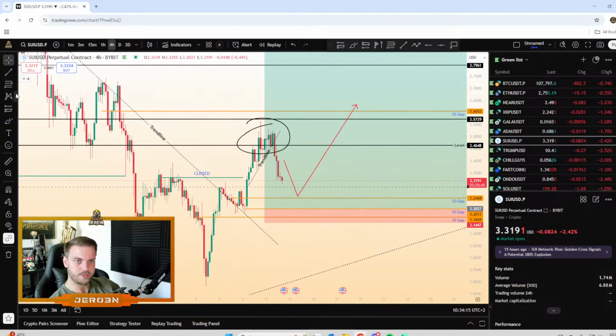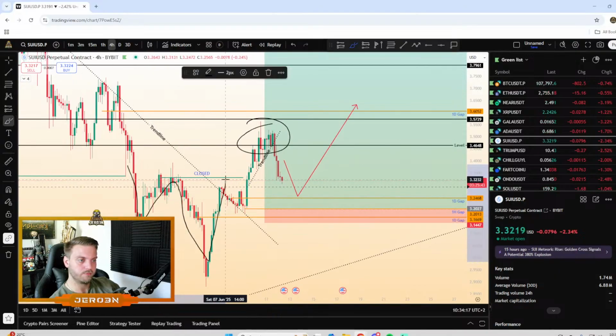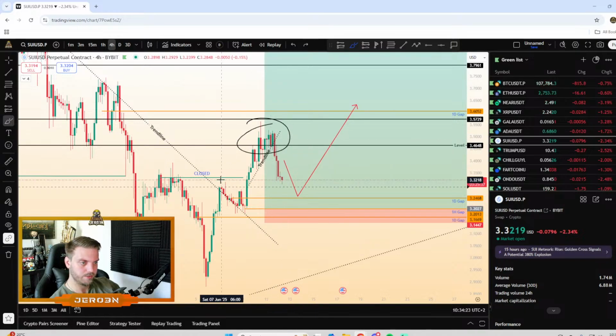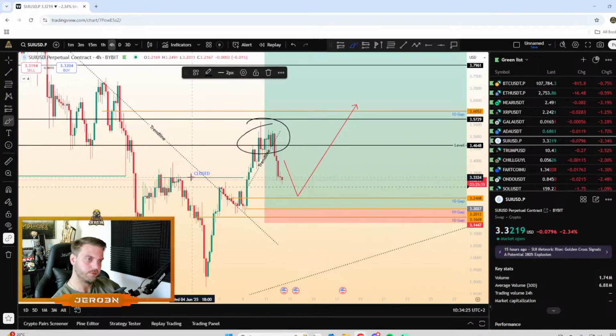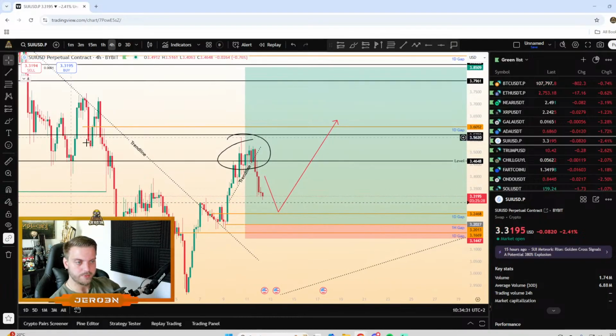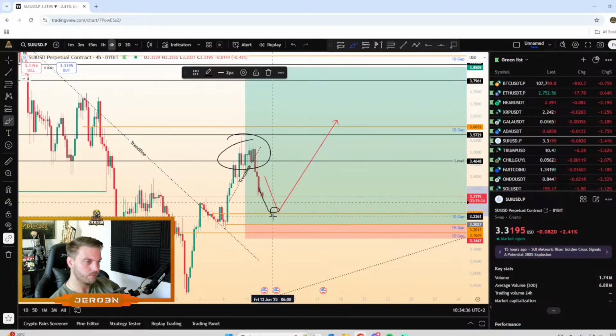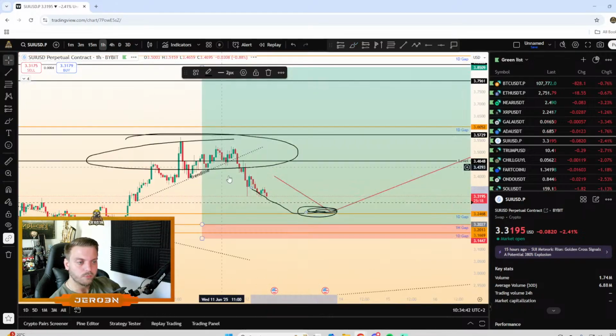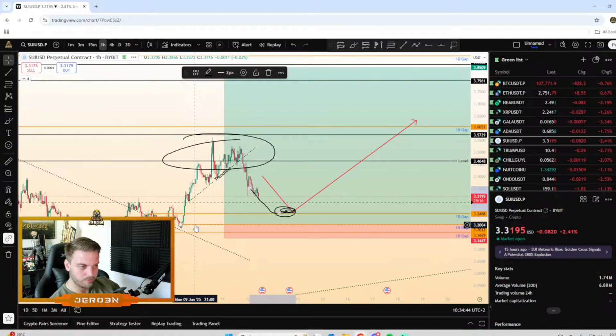However, we had this trend line, we have this beautiful inverse head and shoulder pattern. Right now we are at the level of the neckline. So that is good. For now, I wish to see a retest happening, either over here where we hit the daily, or just a bit above where we have this hourly.